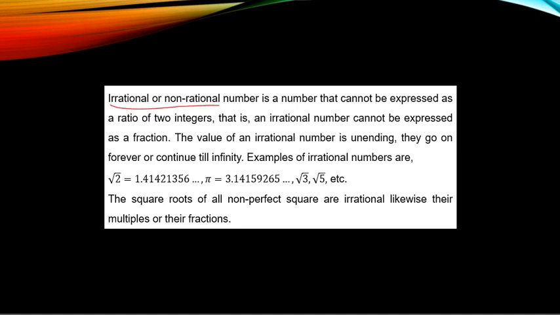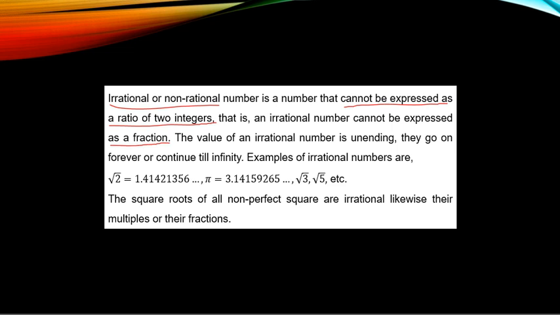The next set is irrational or non-rational numbers. This is the opposite of rational numbers. An irrational number is a number that cannot be expressed as a ratio of 2 integers. That is, an irrational number cannot be expressed as a fraction.